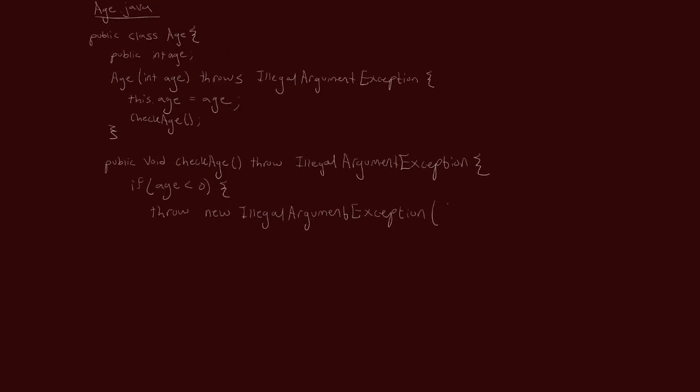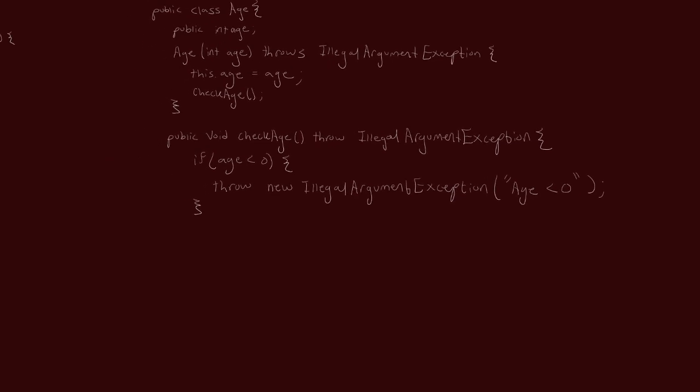And we're going to pass in age less than 0, as a string. Okay. And if age is greater than or equal to 0, we'll just go to the else block and we'll just print out our age. Okay, so just like that.